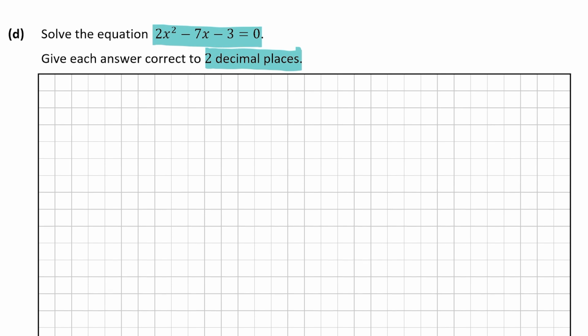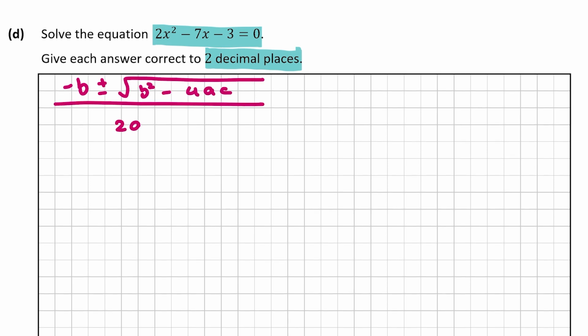So the minus b formula is minus b plus or minus the square root of b squared minus 4ac all over 2a. And our equation is 2x squared minus 7x minus 3. So a is equal to 2, b is equal to minus 7, and c is equal to minus 3.